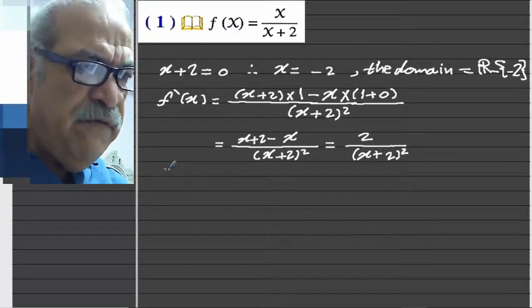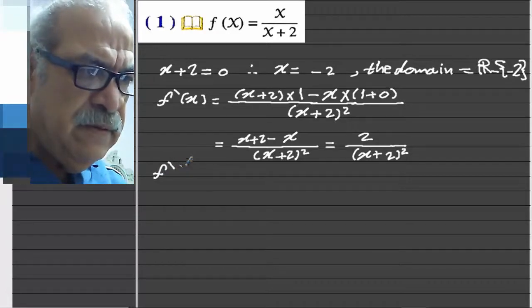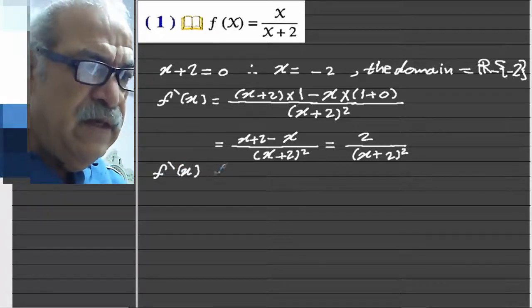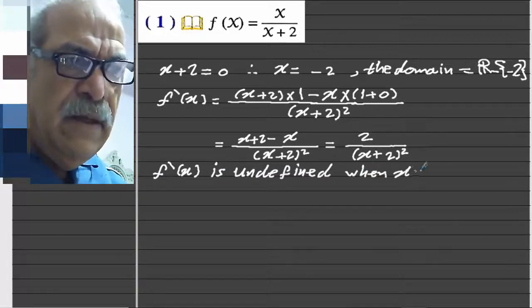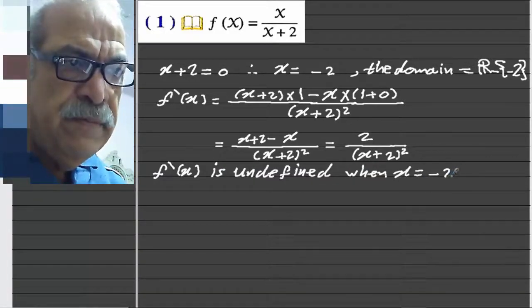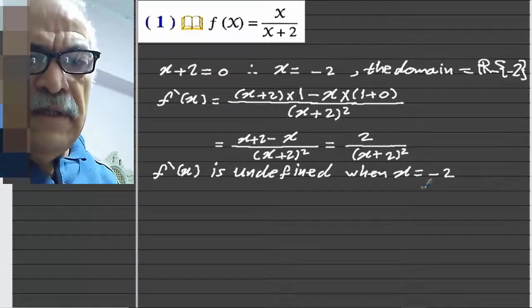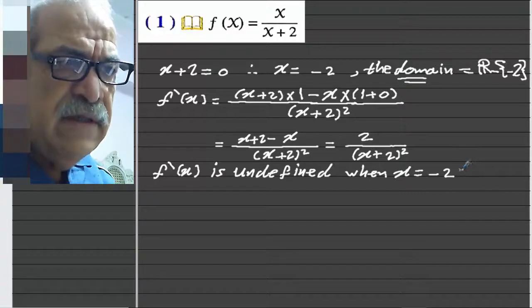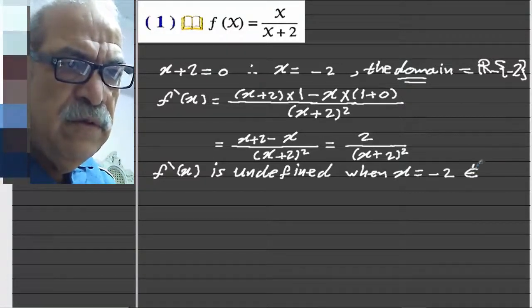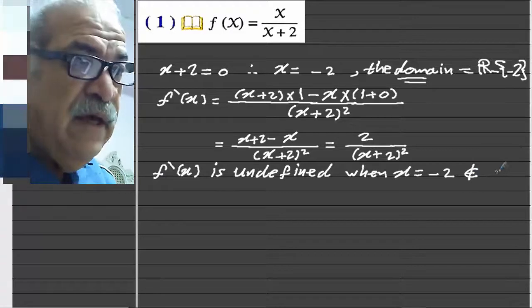So we write f dash of x is undefined when x equals negative 2. But negative 2 doesn't belong to the domain of f.